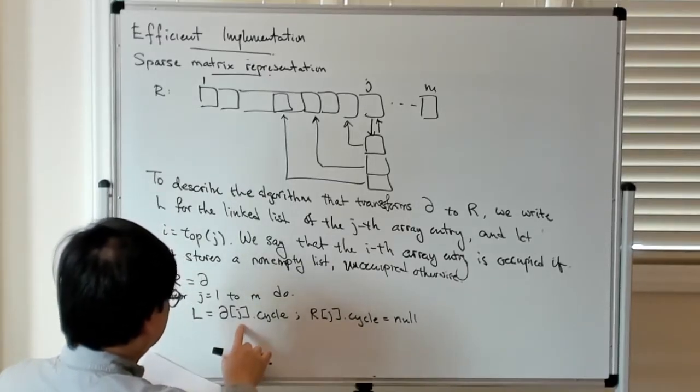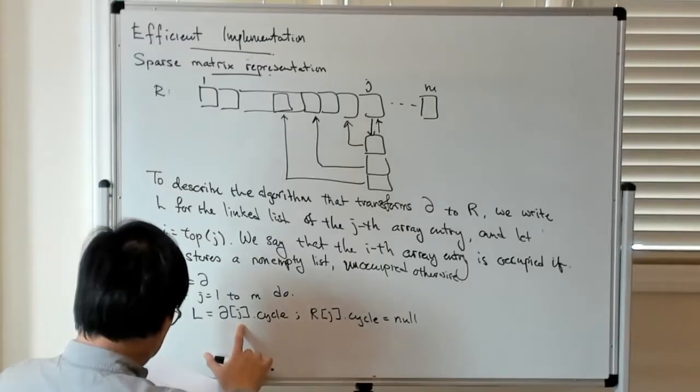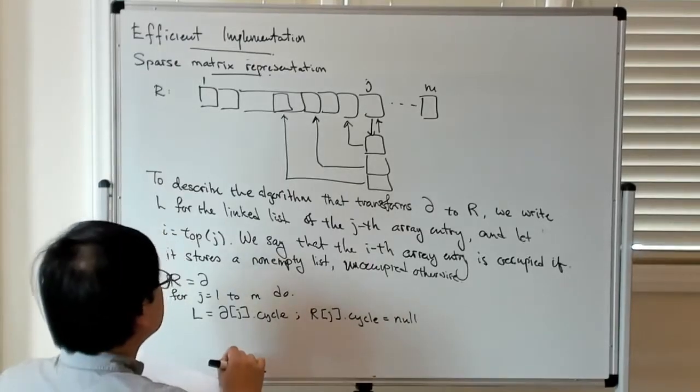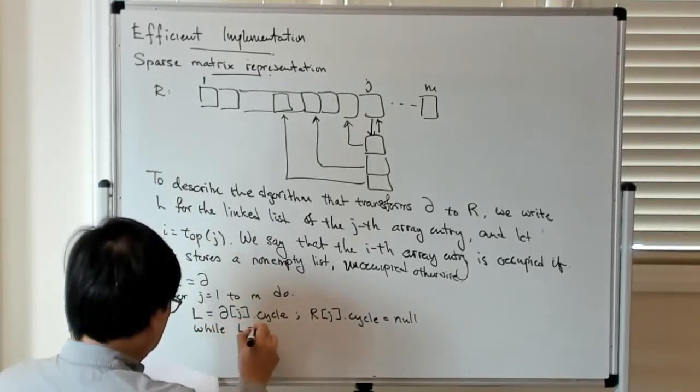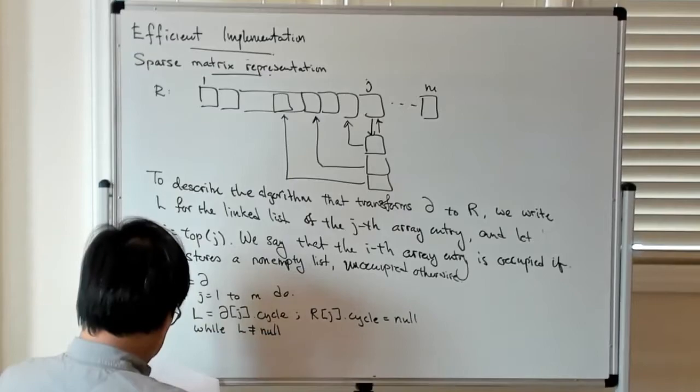And all right. While L is not the null list, I'm going to do the following.